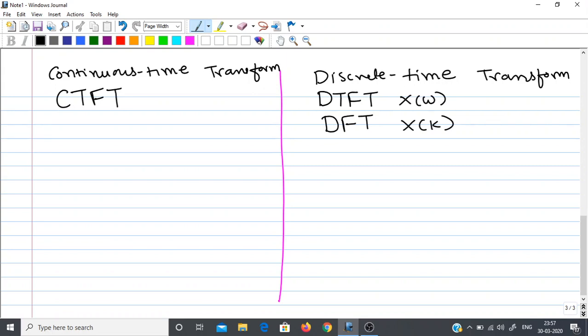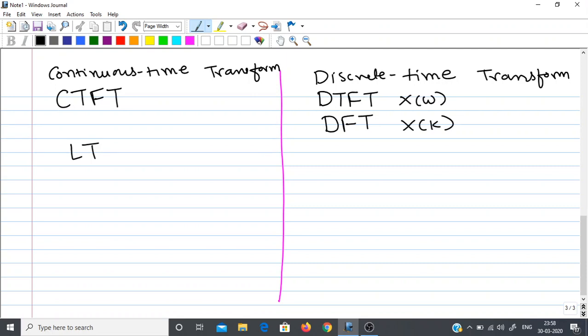The next popular transform is the Laplace transform. Here the basis is exponentially decaying or growing sinusoids, not plain sinusoids. I won't go into the detail. My intention is just to mention the names of important transforms.